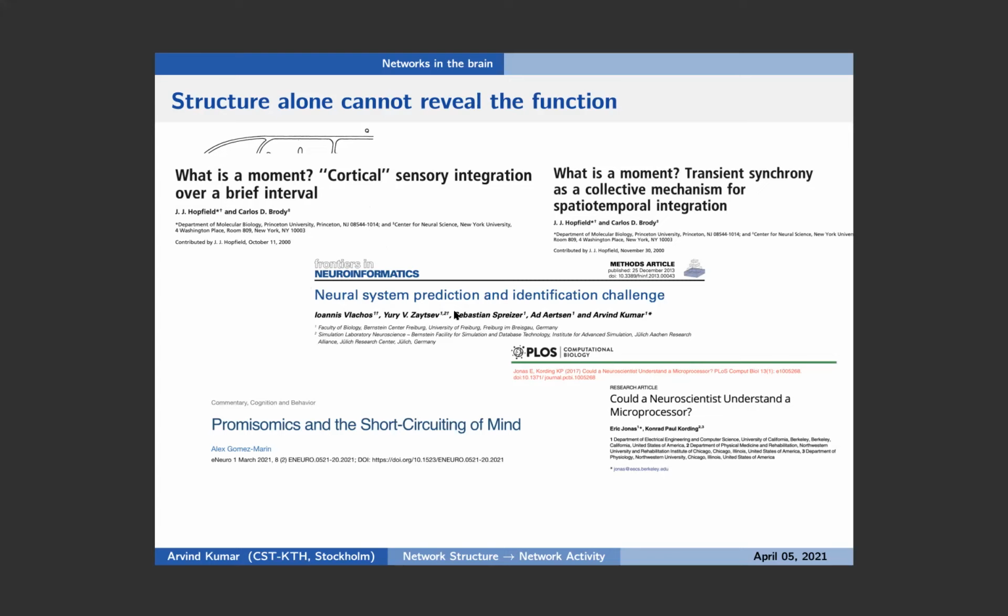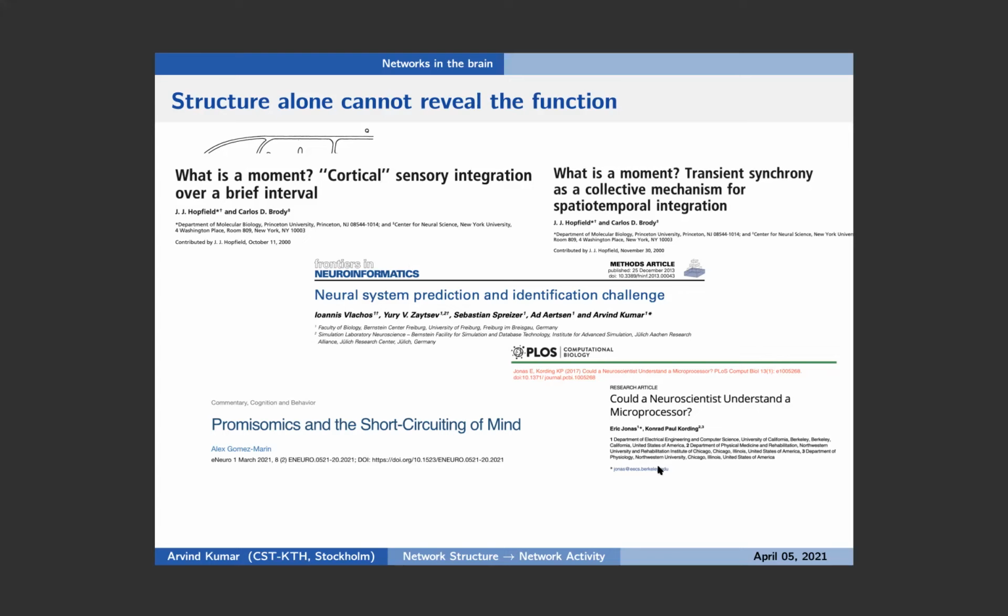We revisited this question and made a challenge where there are networks, you can interact with them and try to find out the function of those. And more recently, Konrad Kording's group really went into this and asked whether we can really use our approaches to even understand a microprocessor.